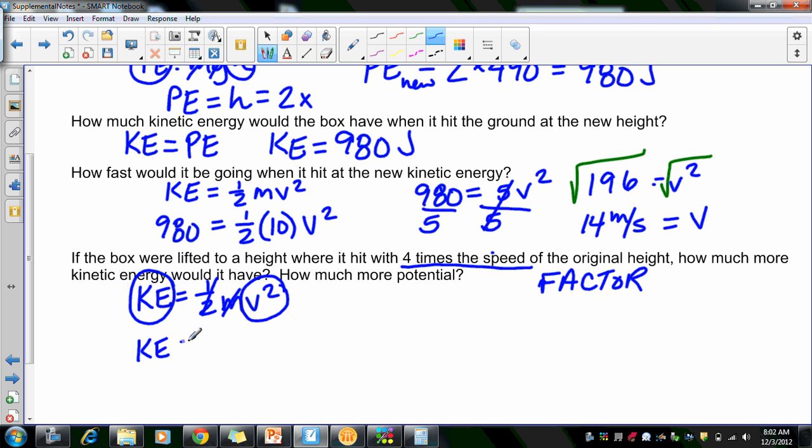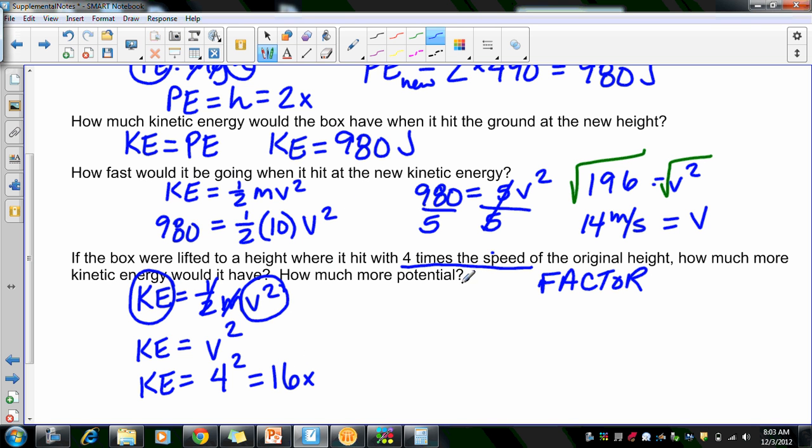So the change in kinetic energy is equal to the change in the speed squared. If it's 4 times the speed, then it'll be 4 squared, which is 16 times. So if we quadruple the speed, the kinetic energy will go up by 16 times, so a factor 16.